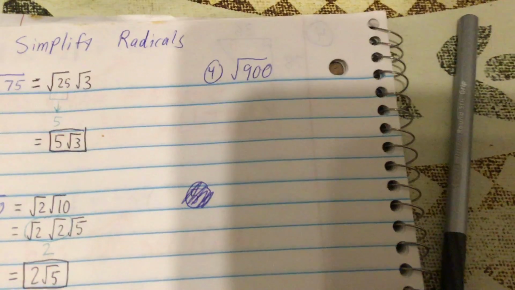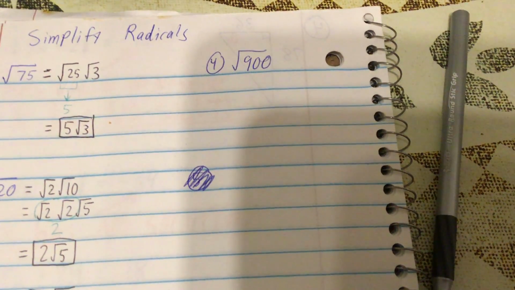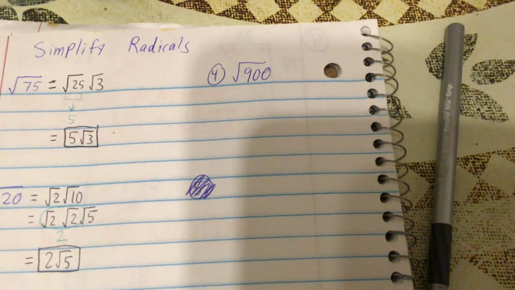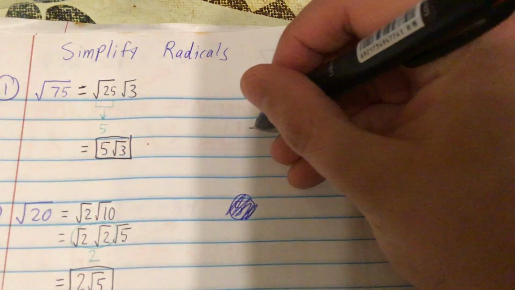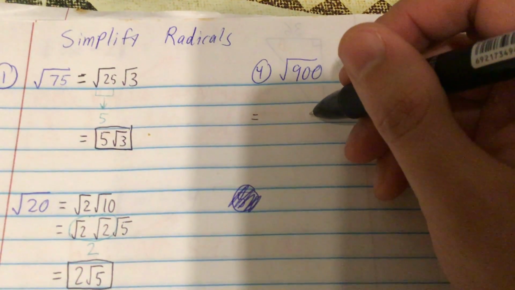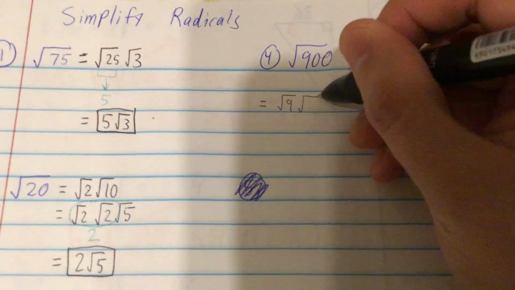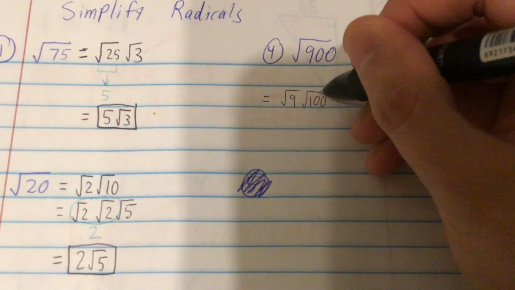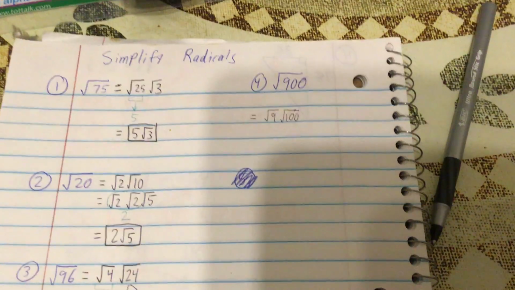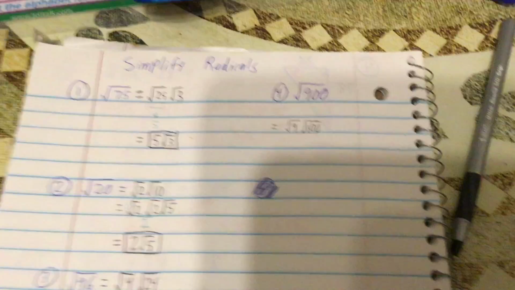Okay. Number 4, the square root of 900. Well, I suppose I could do the square root of 9 times 100, and I was like, oh my god, wow, that's amazing.